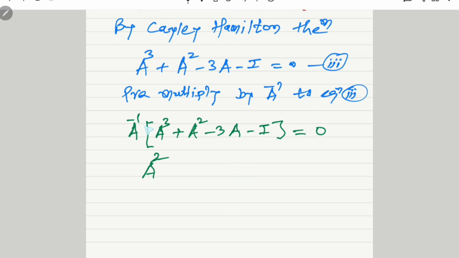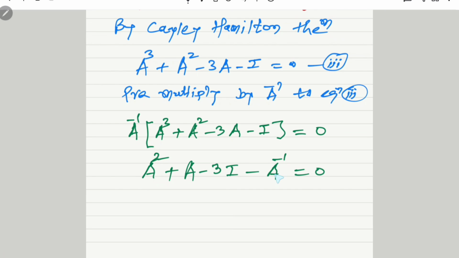Then A inverse into A square, we get A. A inverse into A, we get the identity matrix, and minus any matrix multiplied by identity matrix, we get the same matrix. Here the same matrix is A inverse, and it is equal to 0.